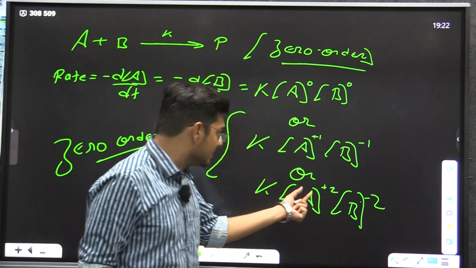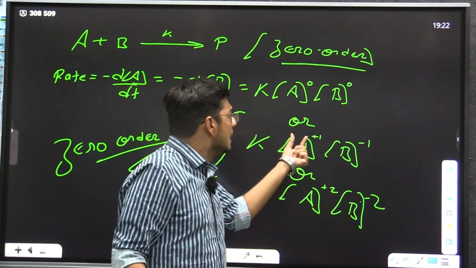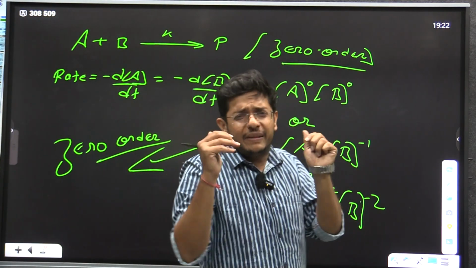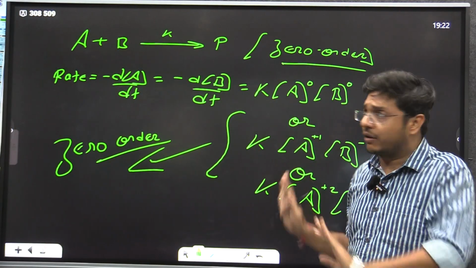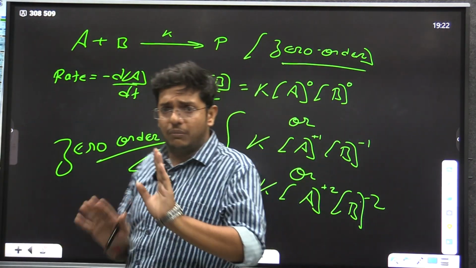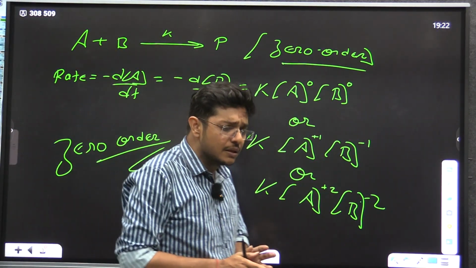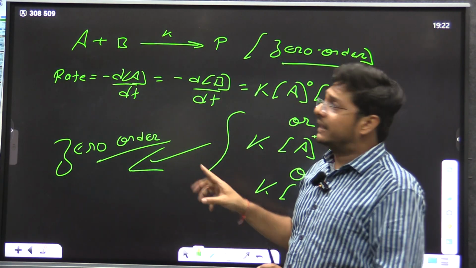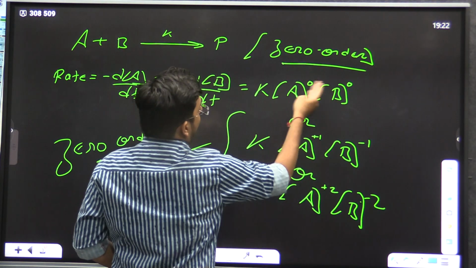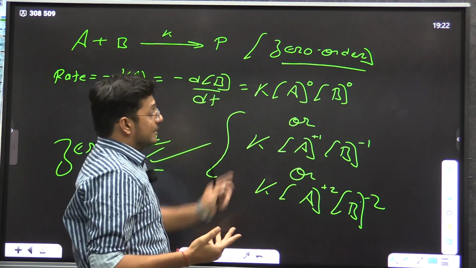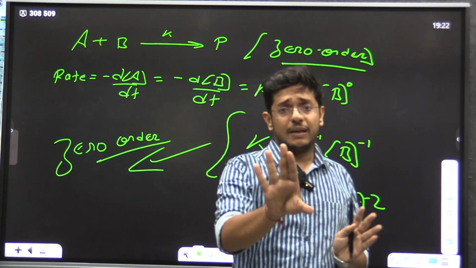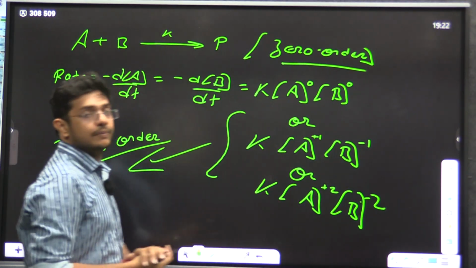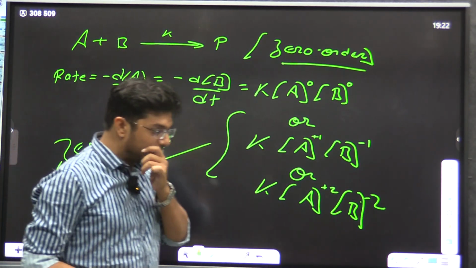You can see that plus 2 and minus 2 is also 0, plus 1 and minus 1 is also 0, and there are n patterns we can draw for zero order. So zero order means those reactions in which the sum of the powers of the concentrations is 0, as expressed in the rate law expression. However, the reactants have their own concentrations. This is the actual meaning of zero order.